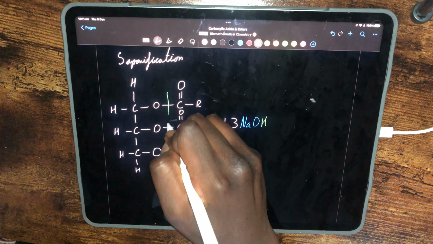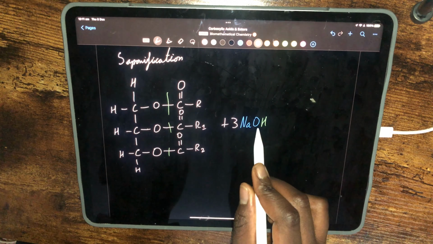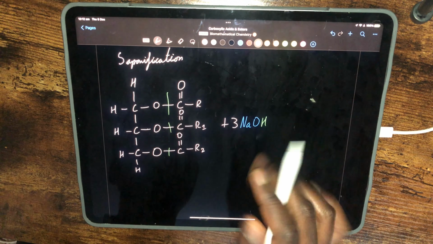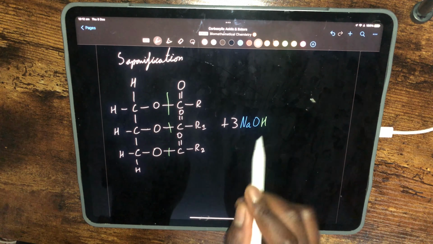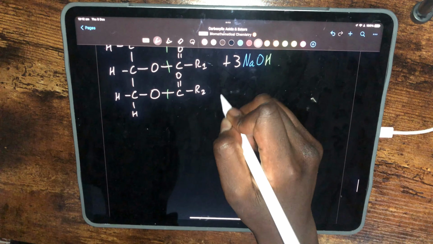And once we've broken this, I put this in color for a reason, to show you which part of the base is being used here and where it's going to go.